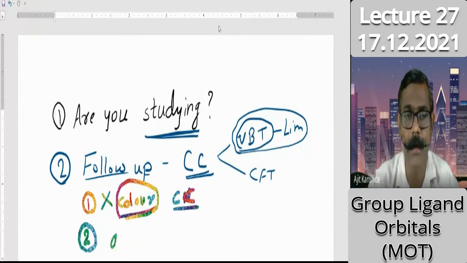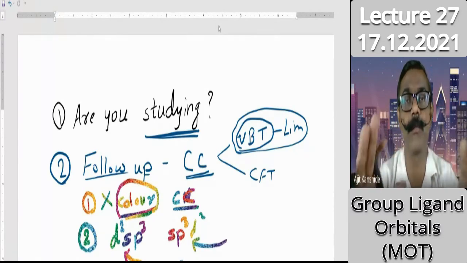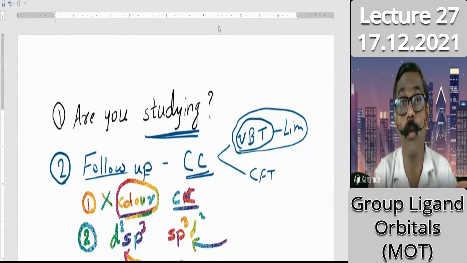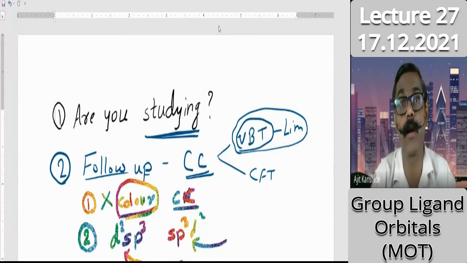See, octahedral geometry means d2sp3 and sp3d2. It is an inner orbital complex and an outer orbital complex. That was the explanation by VBT. But why is it an inner orbital complex? Why is it an outer orbital complex?